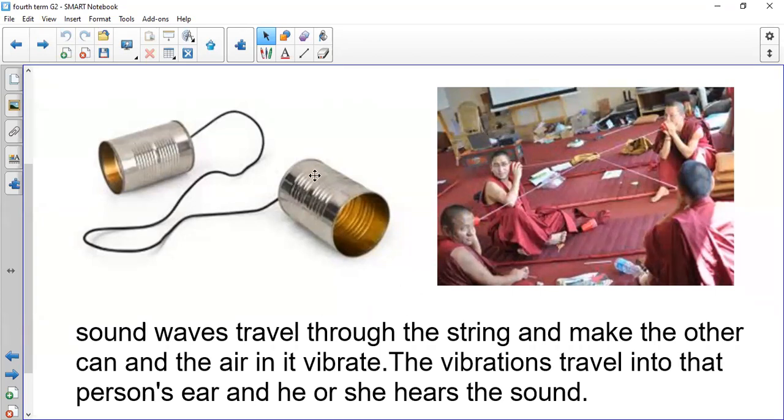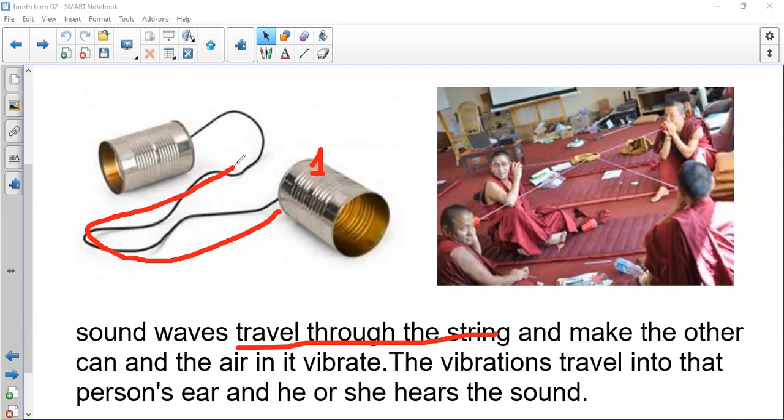Let me just mark it with you here. Here we said that the sound will travel through the string. Okay, and what will happen next? So the sound will travel from here. This is the first one who is speaking. The sound travels through this string. It will go through this string to the other can.